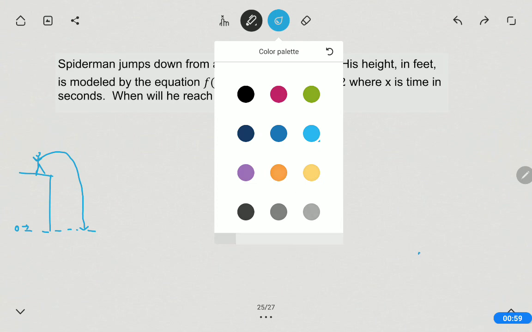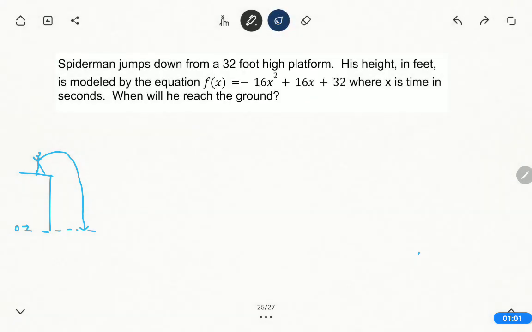So, with all that in mind, if we're trying to find when he reaches the ground, in this equation that models height, we want to know where negative 16x squared plus 16x plus 32 is equal to 0. So where his height is 0.